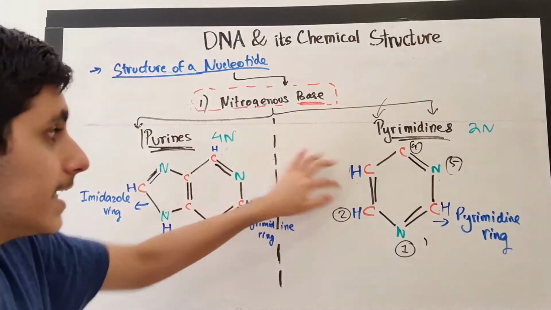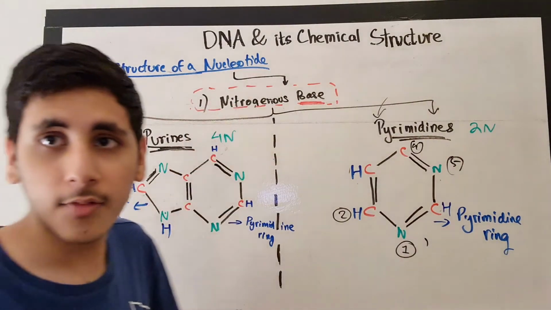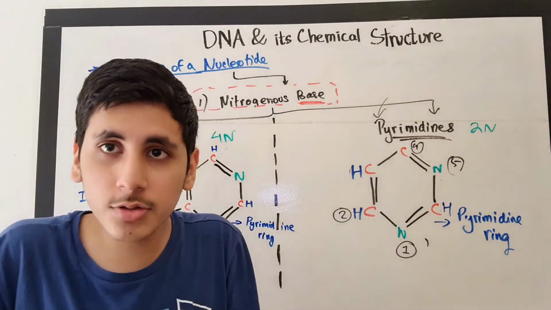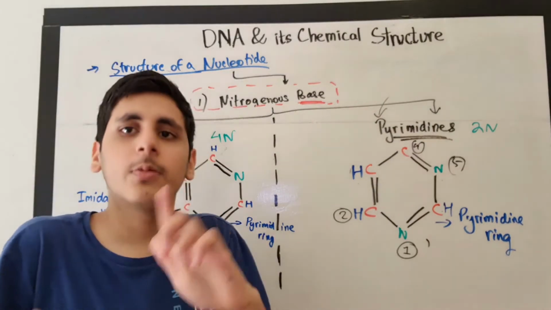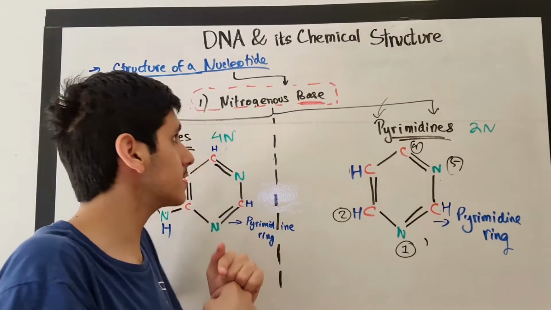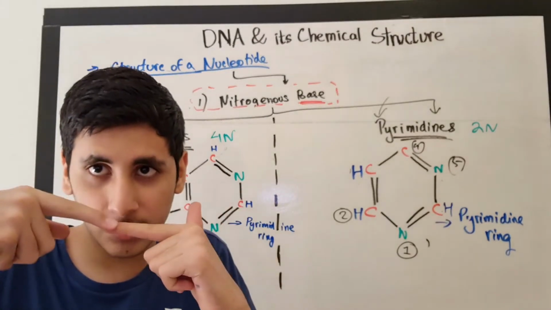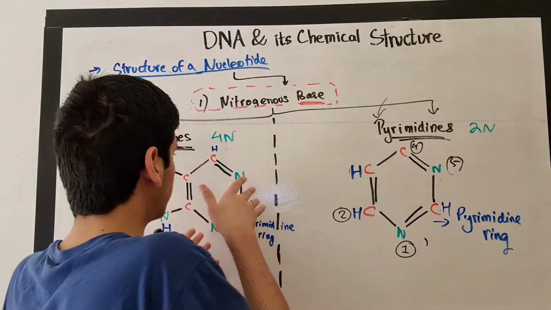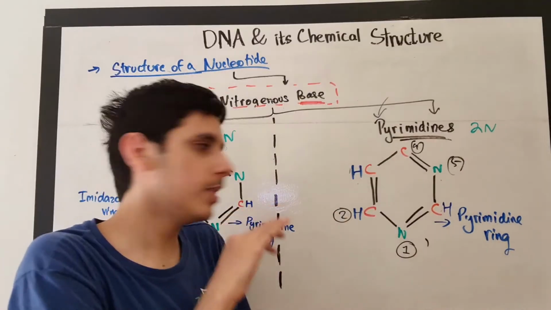Why? Because in the nucleotide, you have the sugar, like I told you, the pentose sugar. Once we talk about the pentose sugar, we number its positions as well, and we number them with primes. So as not to get confused, because the sugars and the nitrogenous bases are bonding together, we don't want to confuse the numbering system of this with the numbering system of that.